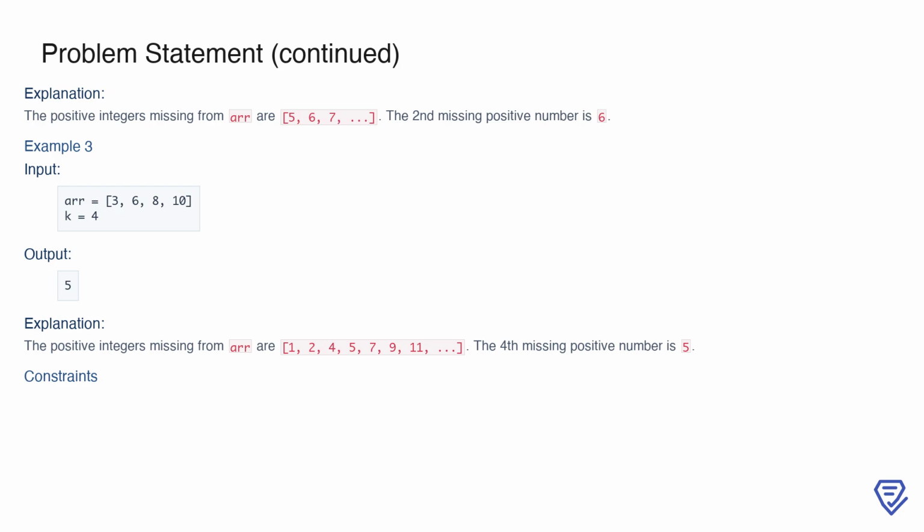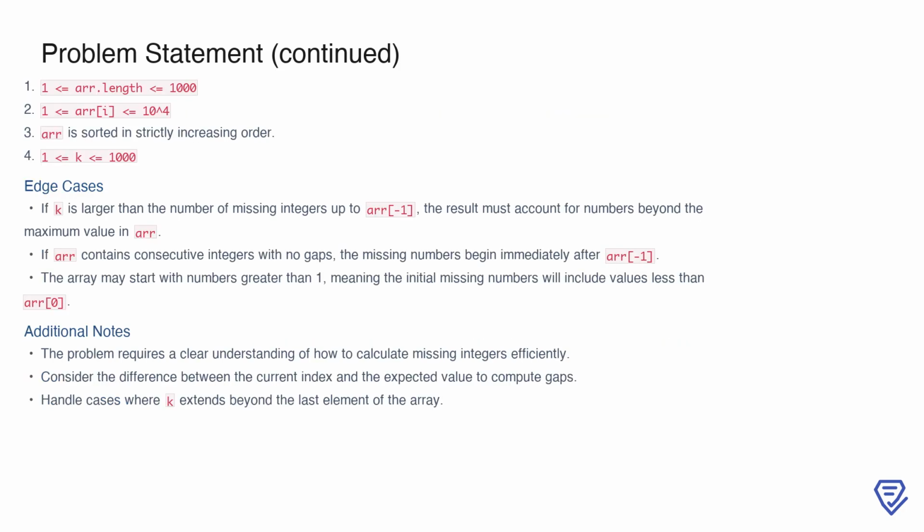There are a few constraints and edge cases to keep in mind. First, the length of arr will range from 1 to 1000, and each number in the array will be between 1 and 10,000. The array is always sorted in strictly increasing order, and k can go up to 1000.